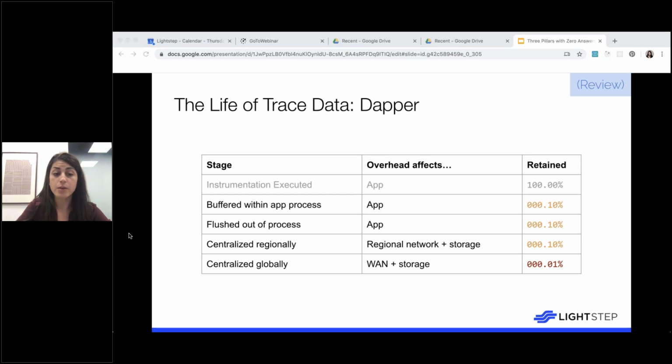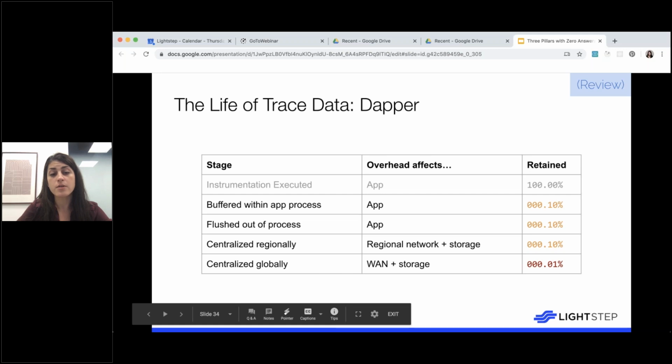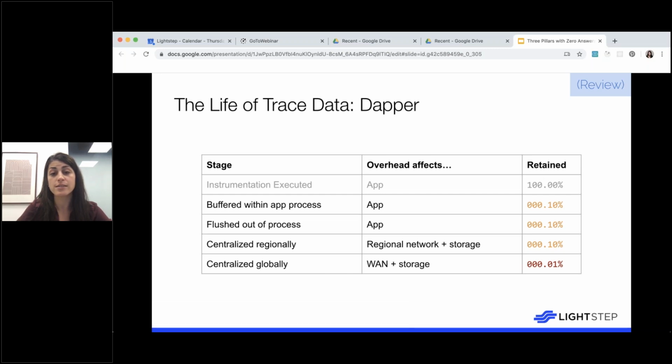So that's pretty useful. But the main problem with tracing is that the retention is quite killer. Us retaining 1 out of every 10,000 transactions is fairly problematic, like I mentioned earlier, especially in identifying that needle in a haystack.